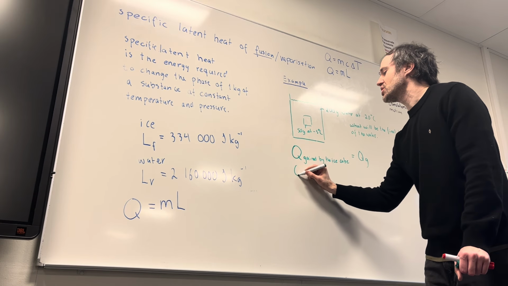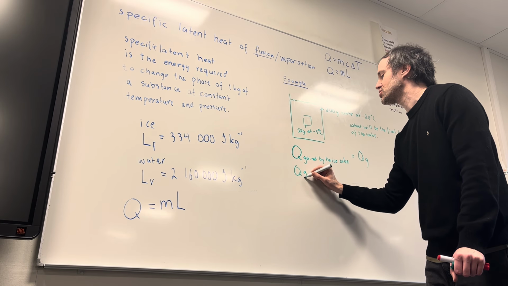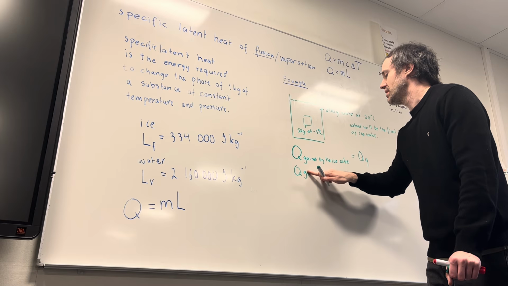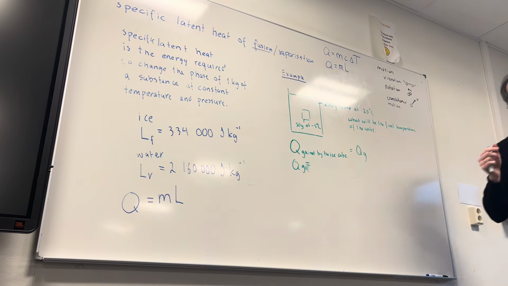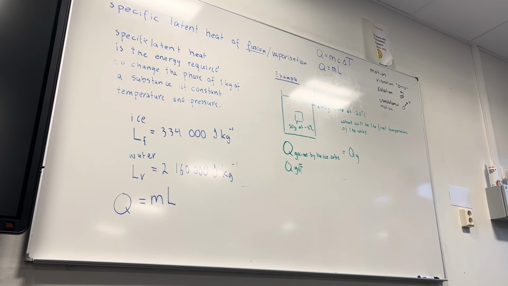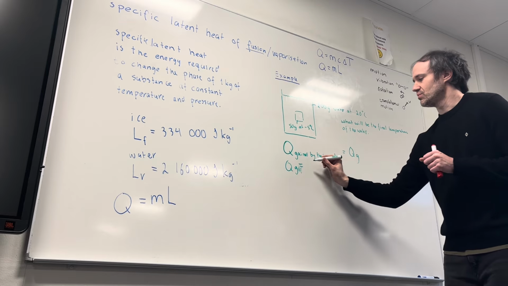So I'm now just going to focus on what happens to the ice cube, and that is the energy gained by the ice cube. So the first thing that was said, that we need to increase the temperature of the ice cube by 5 degrees. So I take the mass.